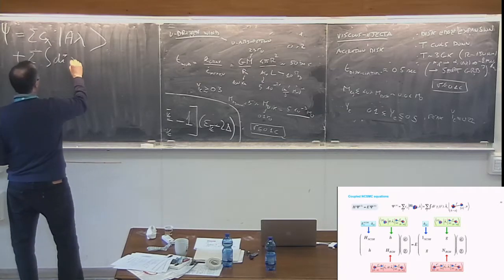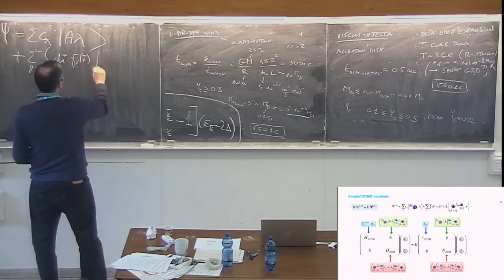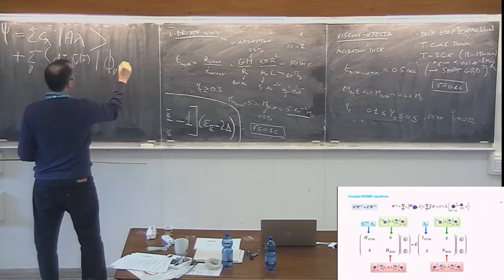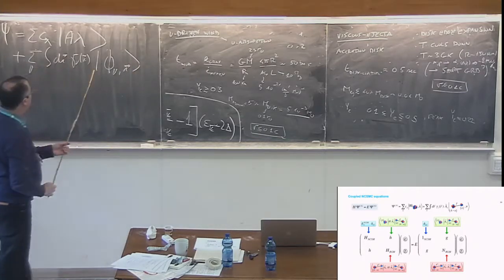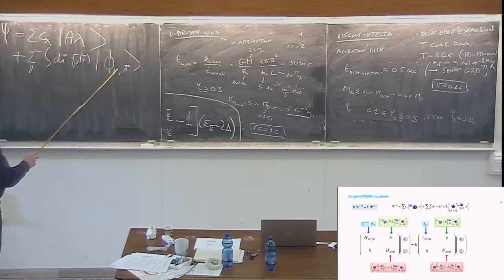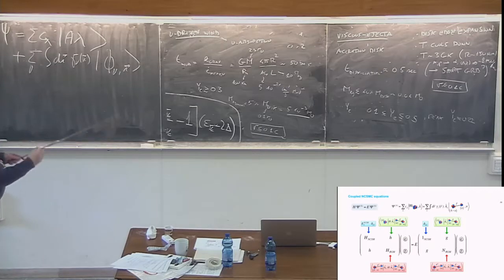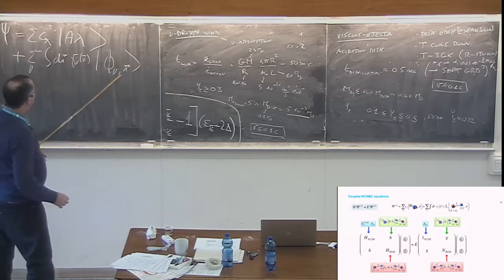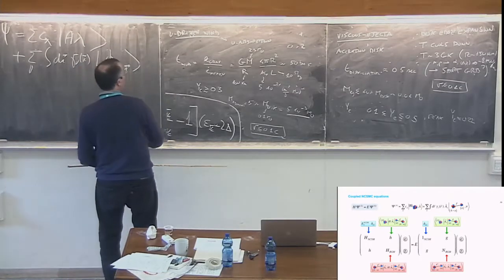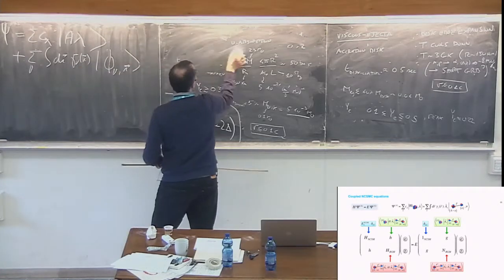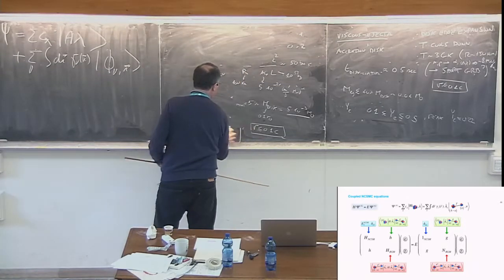And then you have some part which describes the relative motion. Then I will have some binary cluster state, where nu are all the quantum numbers that characterize these two clusters and their coupling, and the R is again just the coordinate of the separation between the centers of mass of those clusters.